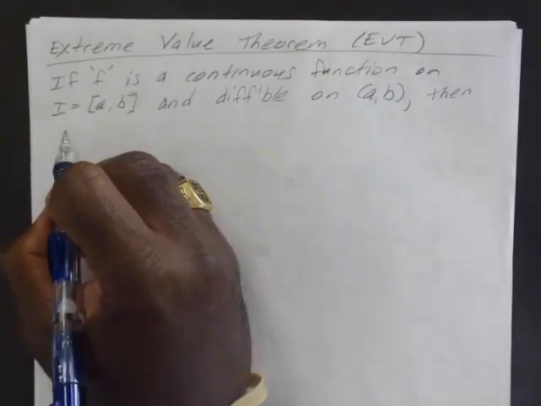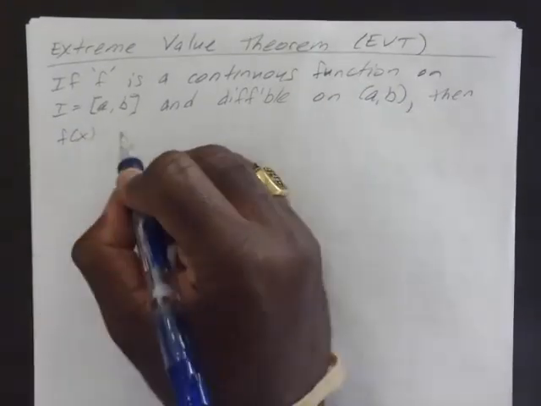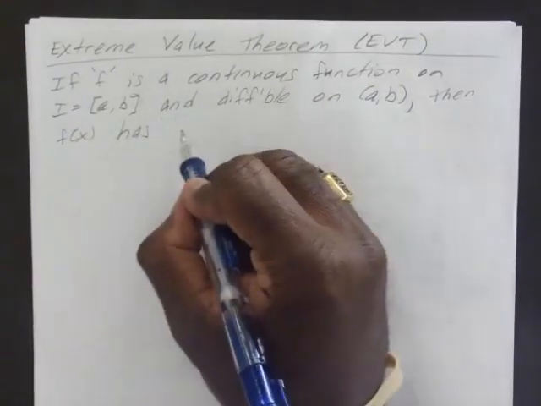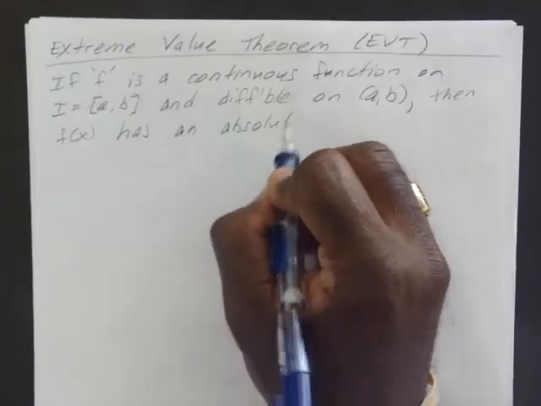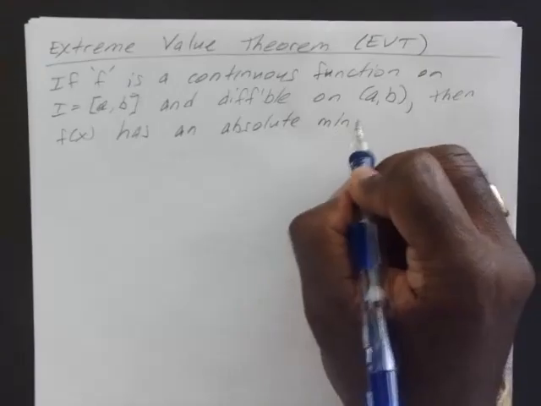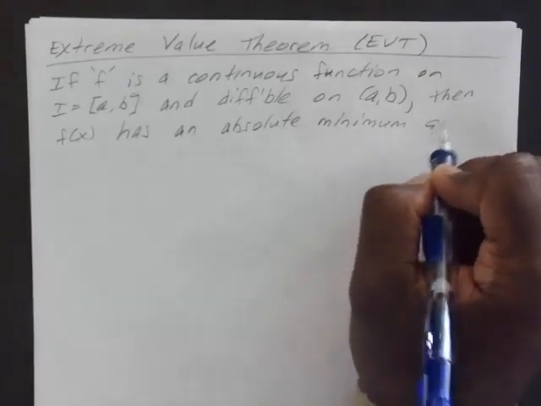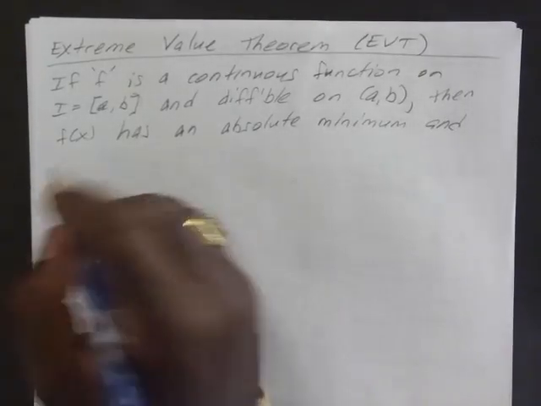Then we know that f of x has an absolute minimum and an absolute maximum.